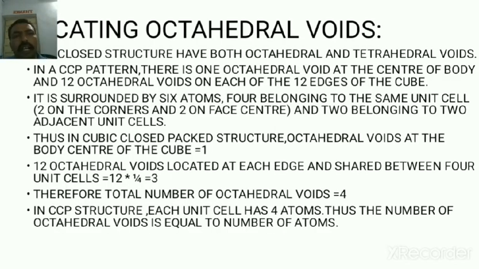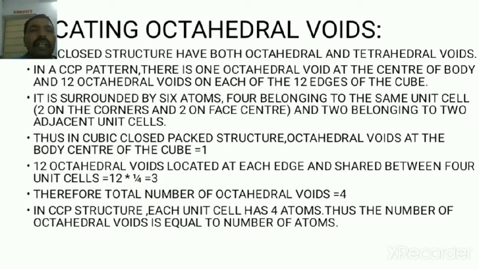Now, locating the octahedral voids in the FCC arrangement. A close packed structure has both octahedral and tetrahedral voids. In a CCP pattern, CCP that means FCC, the constituent particles are present at the center of each face.